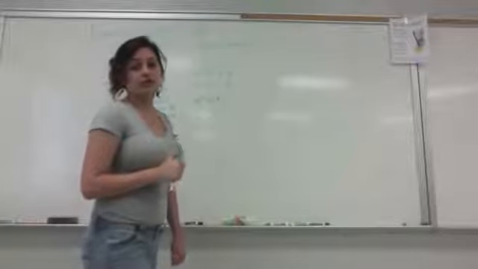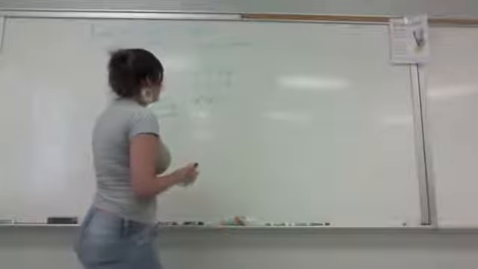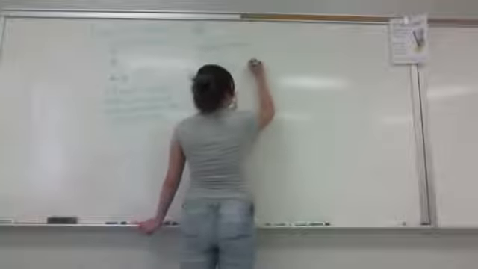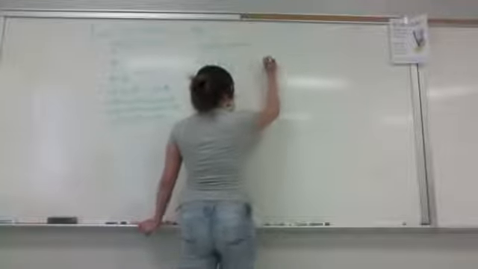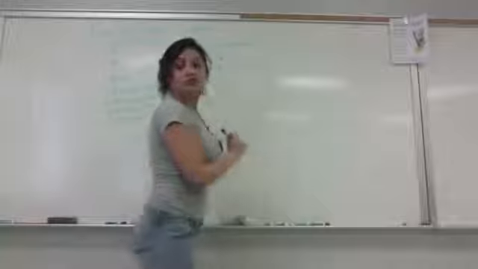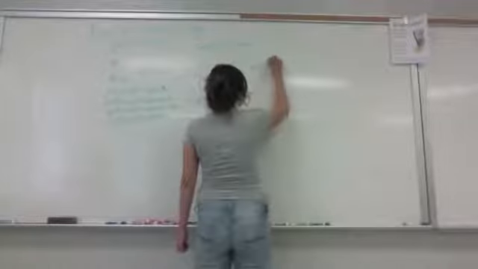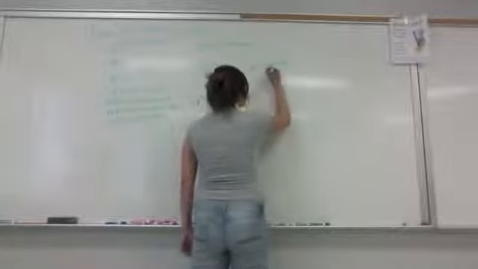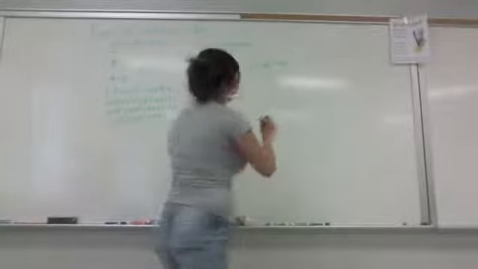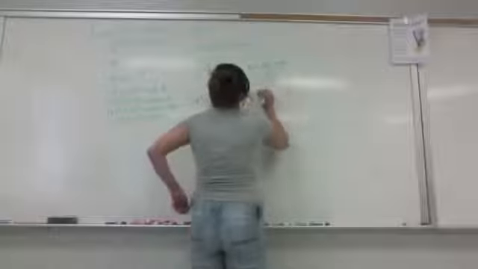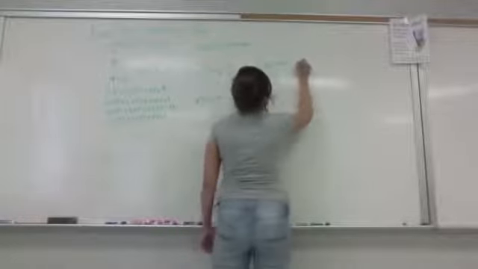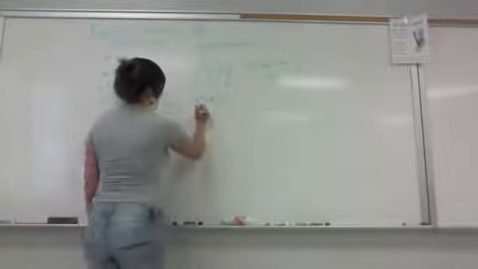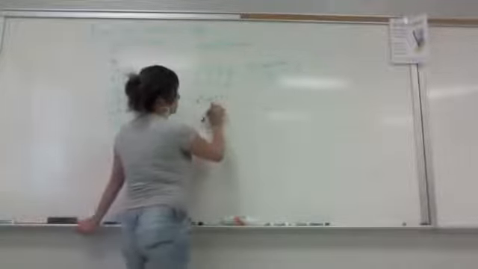If you cannot factor it, you're going to use the quadratic formula, which is negative b plus or minus the square root of b squared minus 4ac, divided by 2a, equals x. Now we have to match these up with our variables.